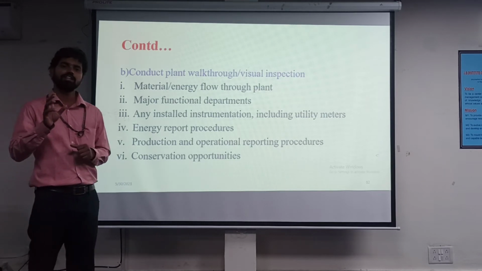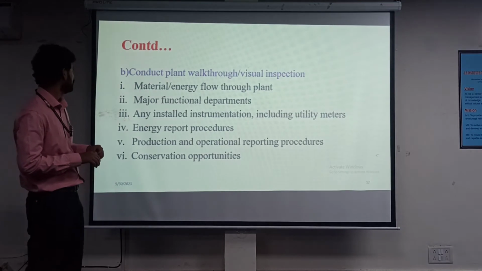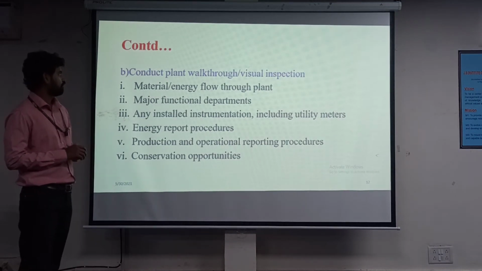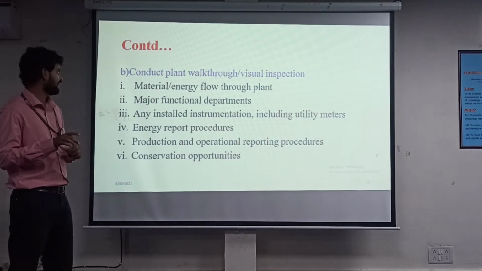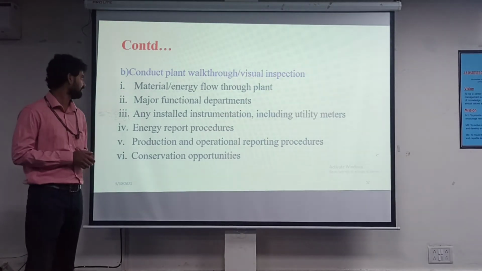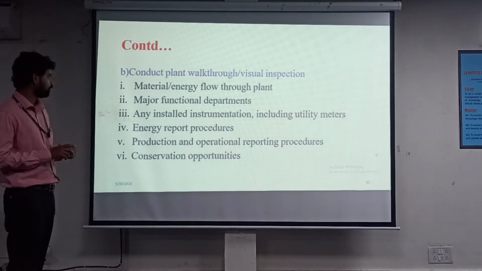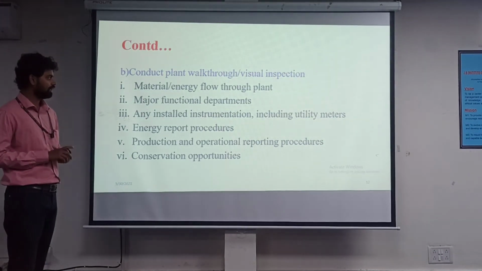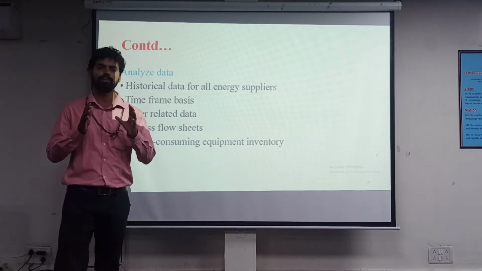And next one is walkthrough or visual inspection. So conduct a plant walkthrough or visual inspection. In this, material or energy flow through plant, major functional departments, any installed instruments and energy report procedures, production and operational reporting procedures, conservation opportunities available within the plant.